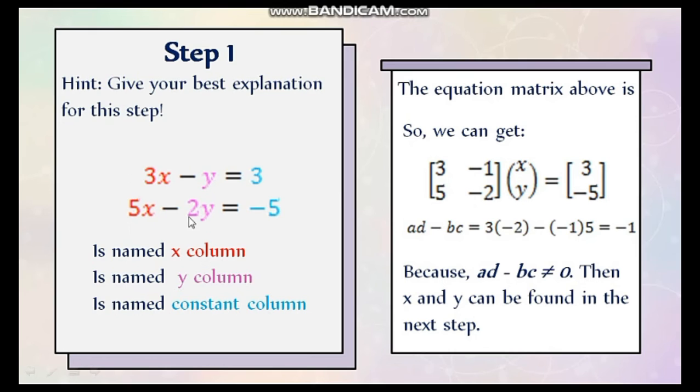3x and 5x form the x column, minus y and minus 2y form the y column, and 3 and minus 5 form the constant column.